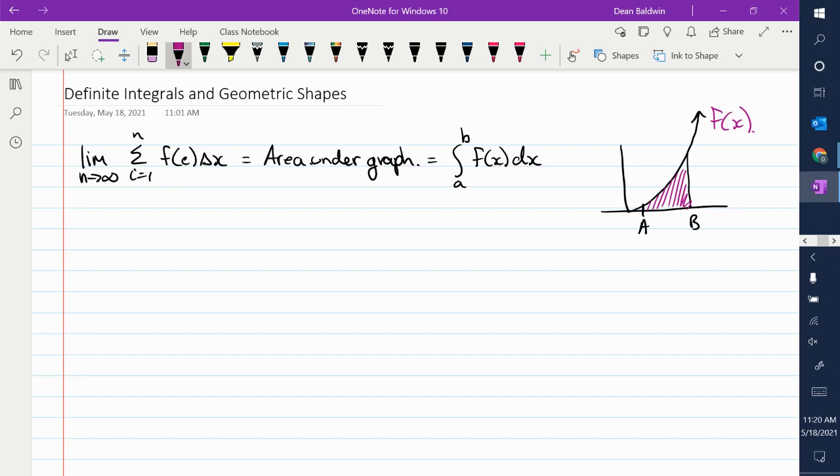All right, we'll do the rules, the properties, and then that'll be it for today. Properties. Definite integrals.